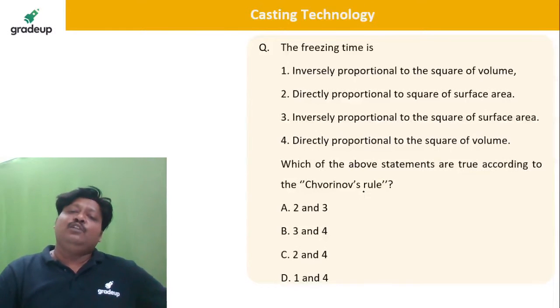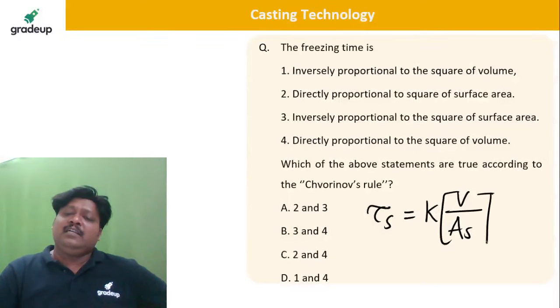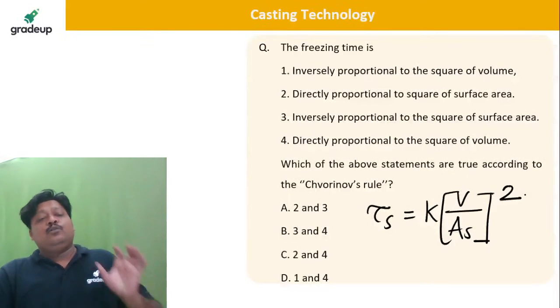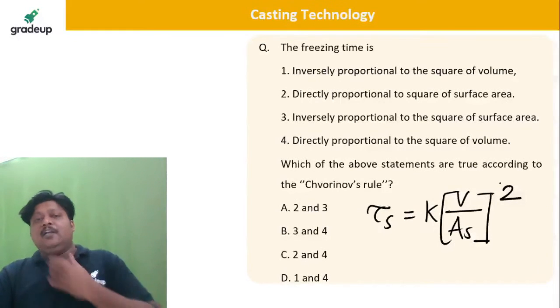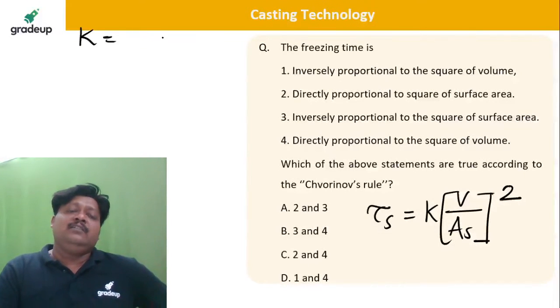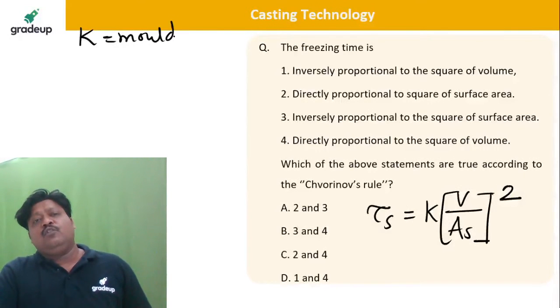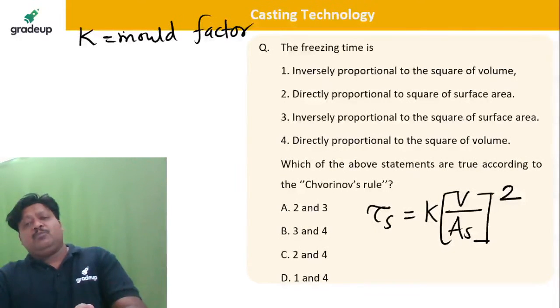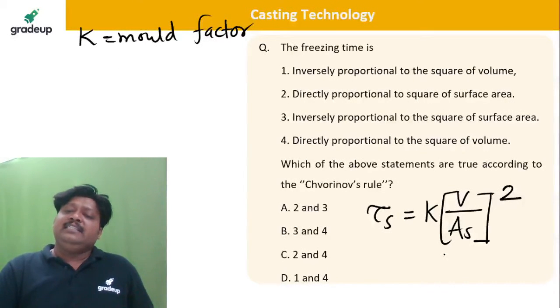You know that Chvorinov's rule says that the solidification time for the casting is equal to K into bracket volume of casting divided by surface area of casting, whole square. Where K is the mold constant or solidification constant, mold factor, whatever you can call it. I am not going to derive the expression, no big deal. But the ultimate result is this.